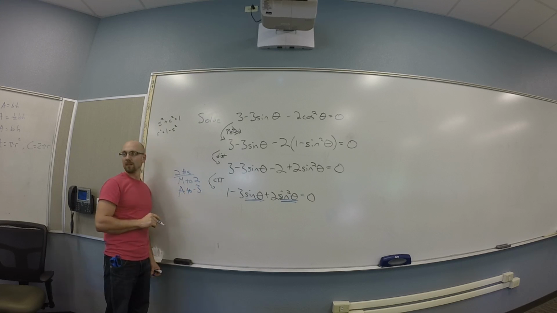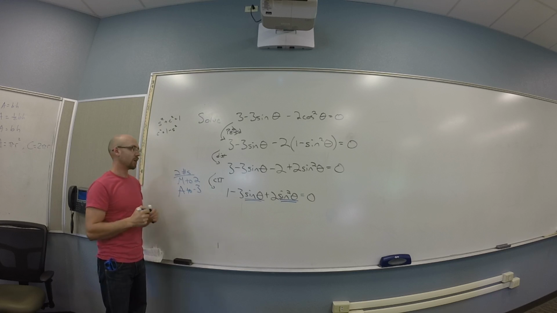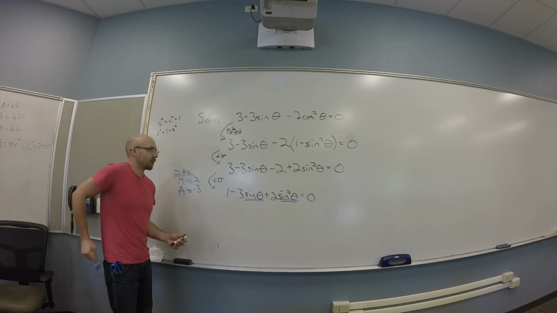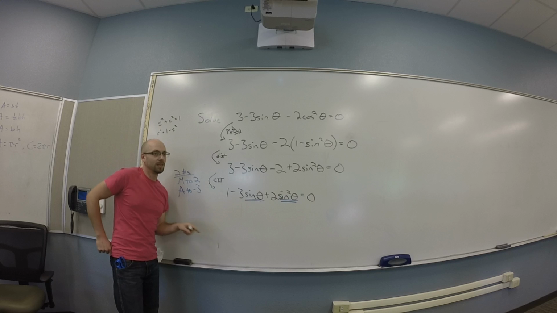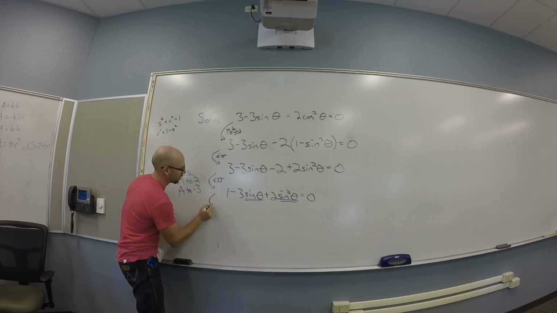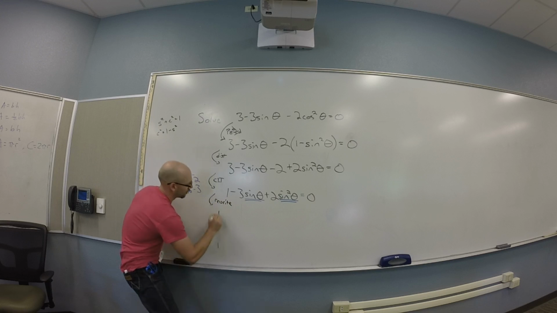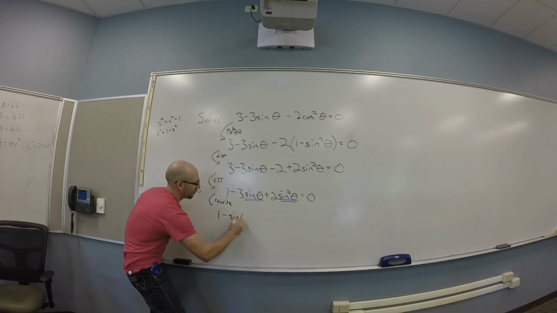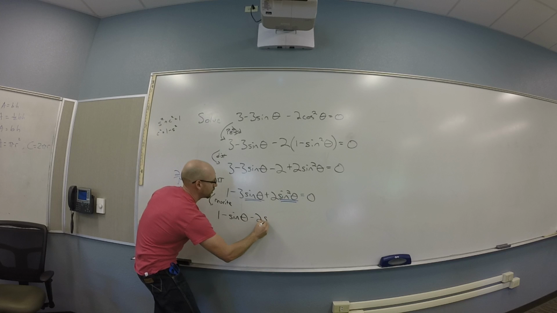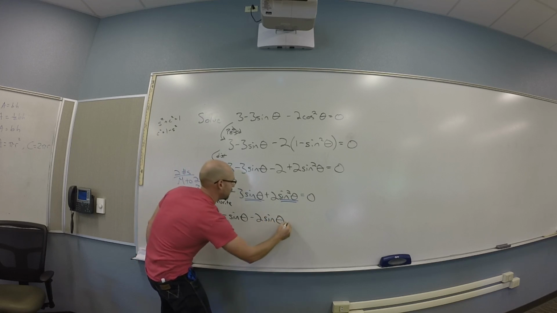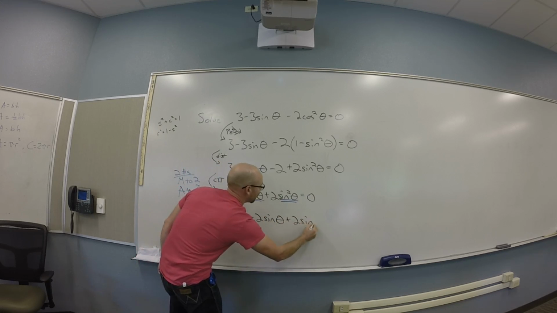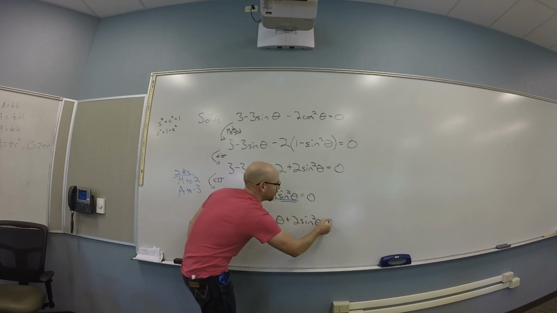So negative 1 and negative 2. The way the AC factor method works is you split that middle term into those pieces. That's really just a rewrite: 1 minus sine theta minus 2 sine theta plus 2 sine squared theta equals 0. And then factor.